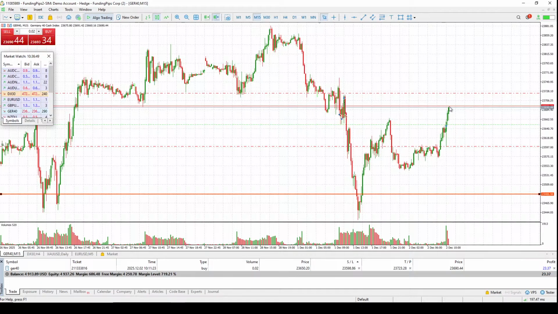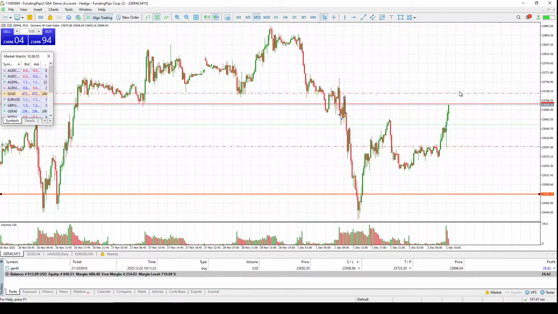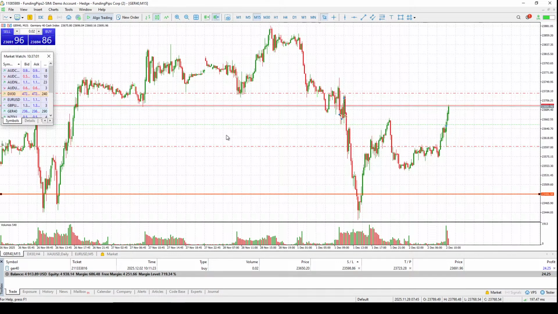So hopefully it will reach it. I don't mind what it does after that, but I really need it to touch my take profit so we can have a short trade.